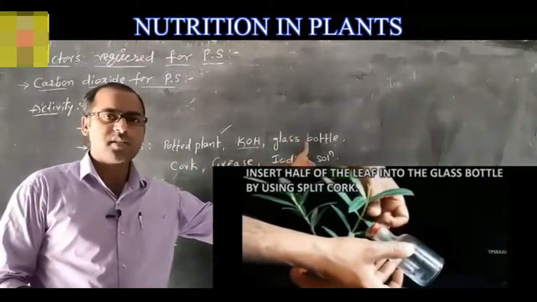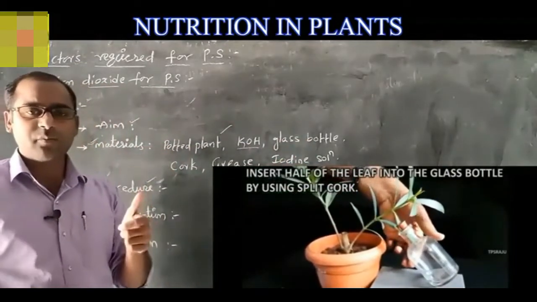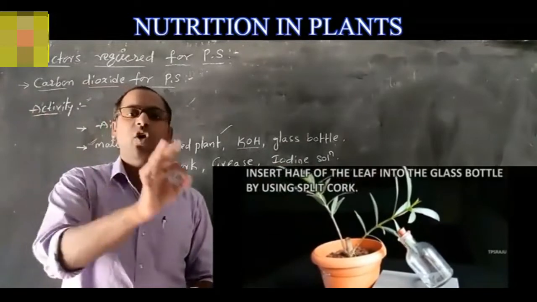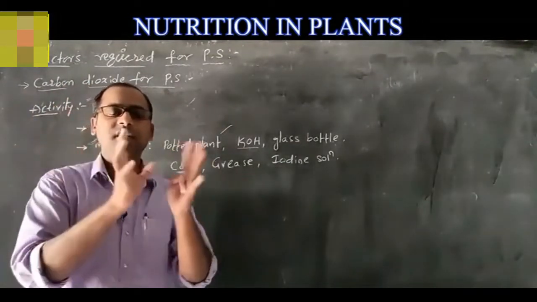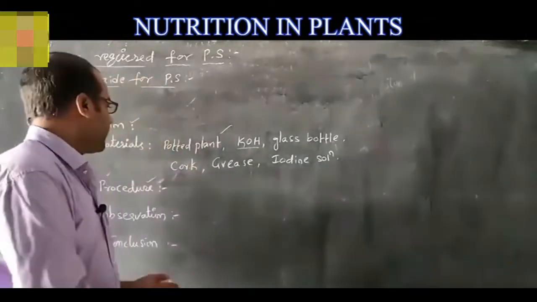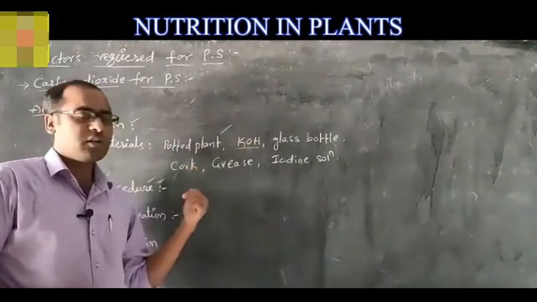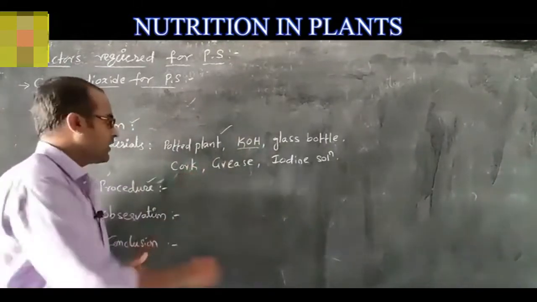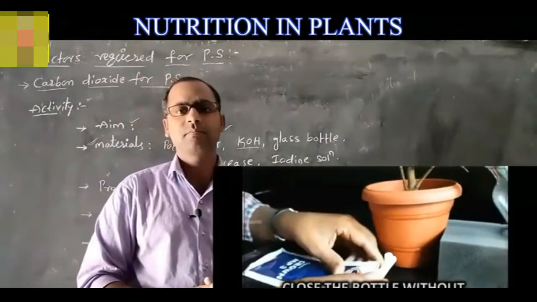And in the bottle, what is present? Potassium hydroxide is present. So why are we taking the potassium hydroxide there? To absorb the carbon dioxide present inside the bottle, right? Here we should take care that air should not enter into the bottle.